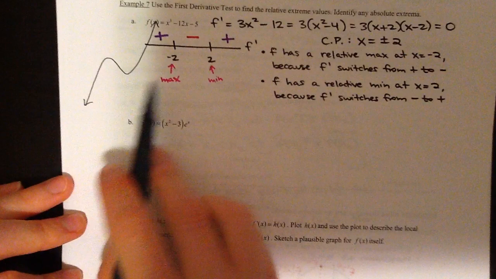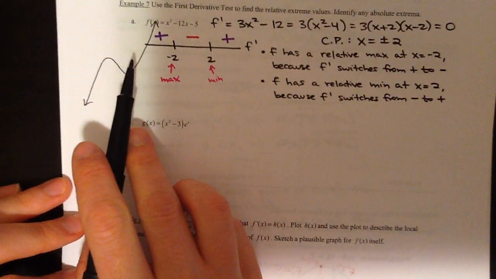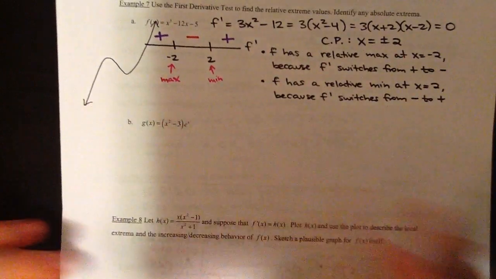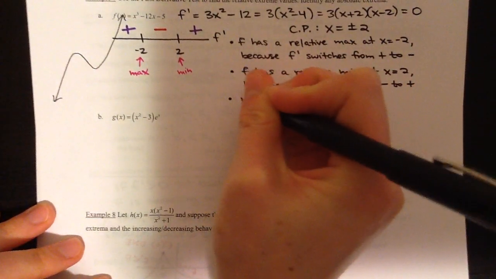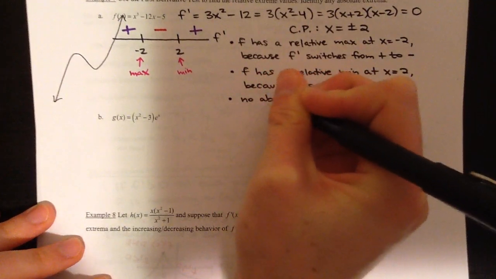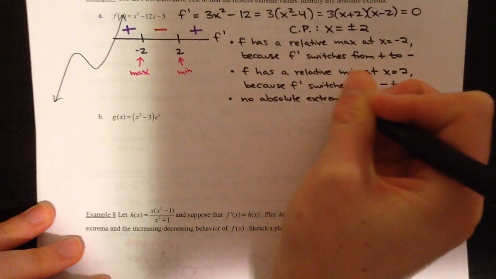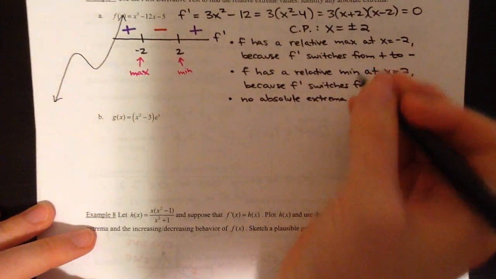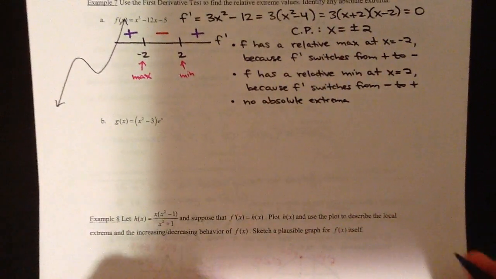However, because I've got this open-ended interval, I'm not ever going to have an absolute min or an absolute max because I'm not looking on a closed interval, I'm looking on a big open interval. So what we could say is no absolute extrema. No absolute max, no absolute min, since I go all the way from negative infinity to positive infinity.